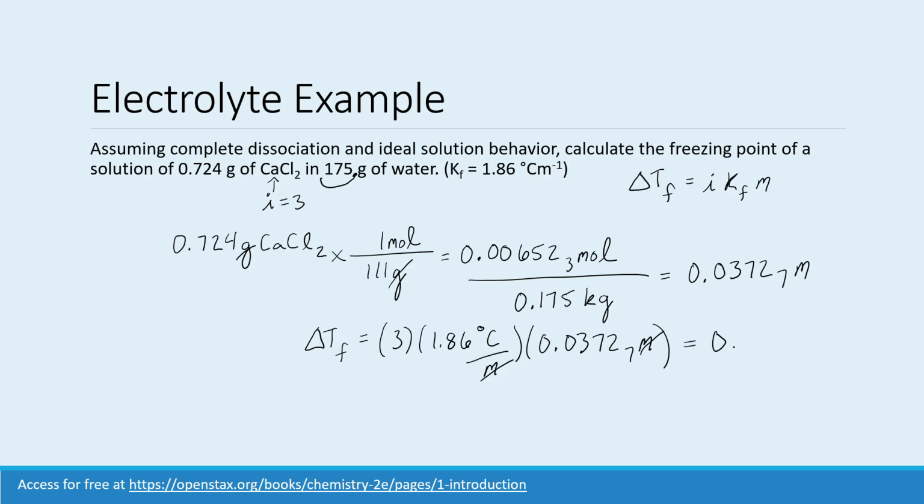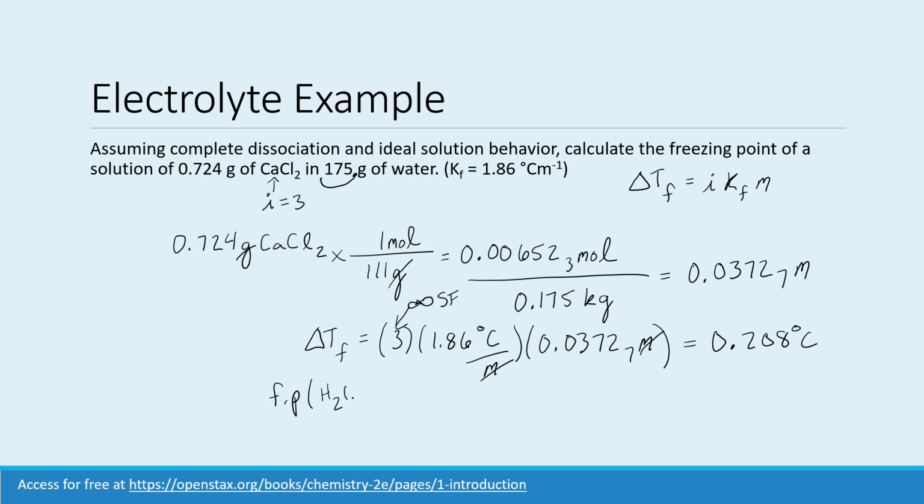Okay, molalities cancel out. We're left with degrees Celsius, and out to 3 significant figures, that is 0.208 degrees Celsius. And of course, we do want to assume that that Van't Hoff factor is infinite sig figs. We're not going to let that limit us.